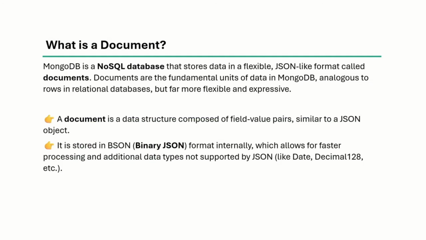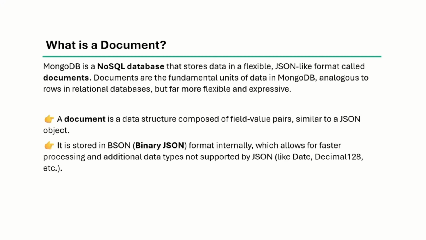So, what is a document? As we have learned, MongoDB is a NoSQL database that stores data in a flexible JSON-like format called documents. Documents are the fundamental unit of data in MongoDB, and they are equivalent to rows in relational databases, but far more flexible and expressive.